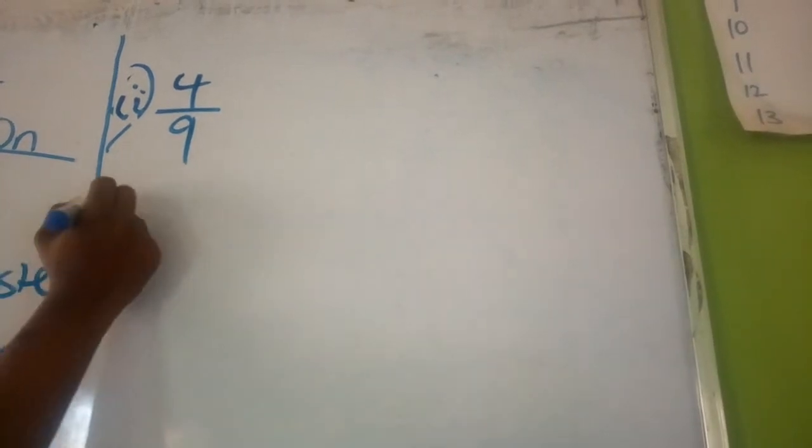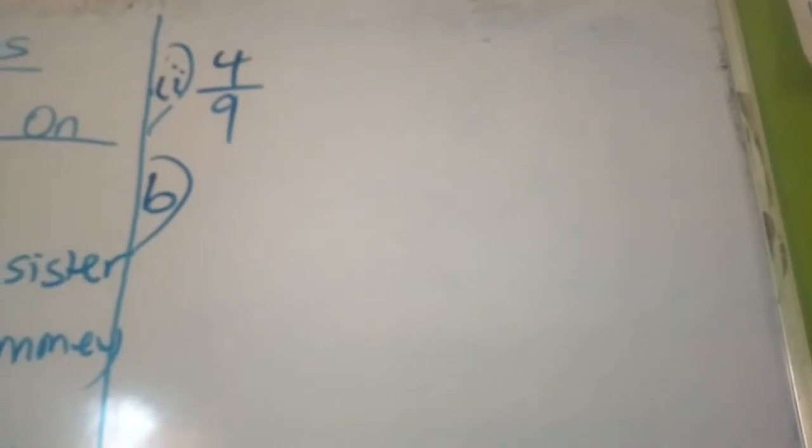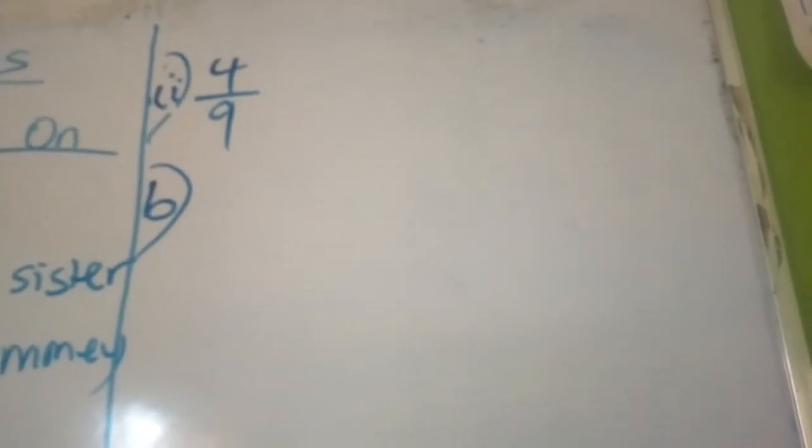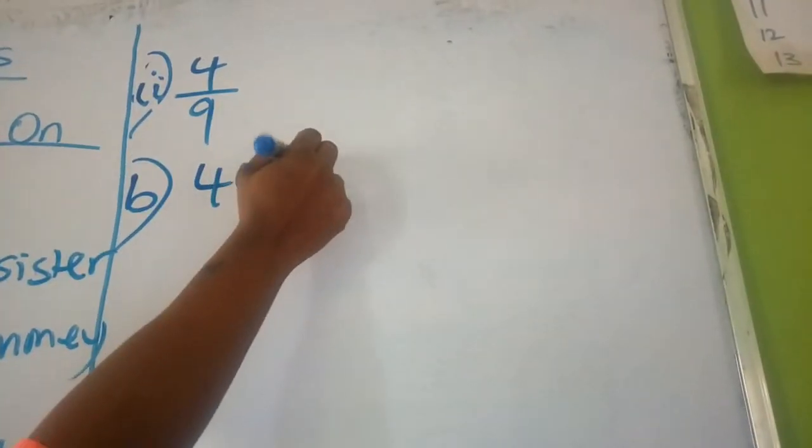Now for the B, the question that we are asked, if the sum of money to be shared is 4 naira and then 5 kobo, now we are going to convert. If we want to convert this 4 naira to kobo, it becomes 405 kobo.